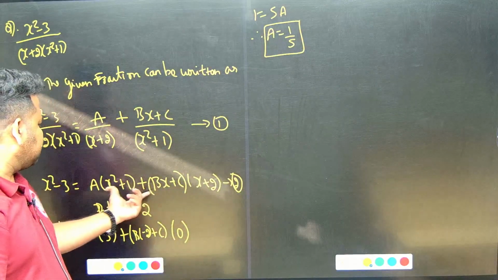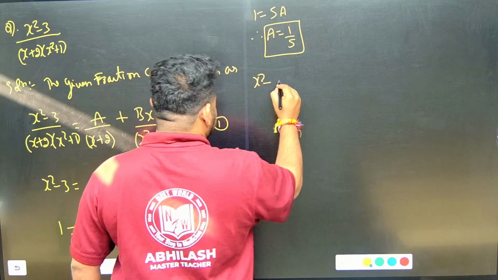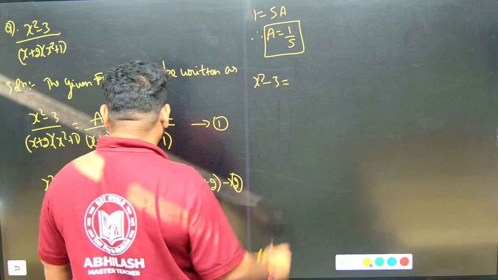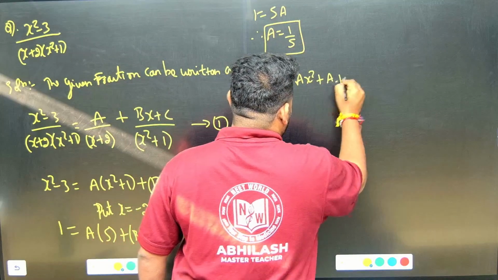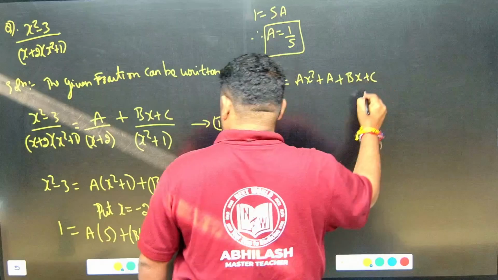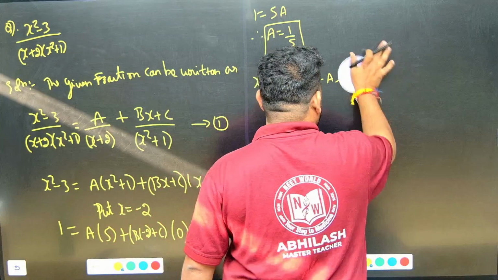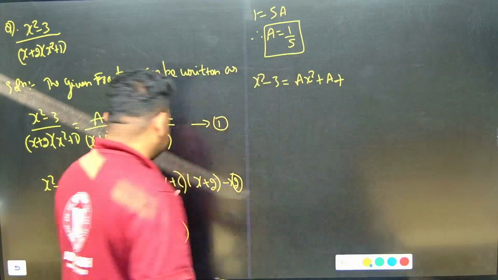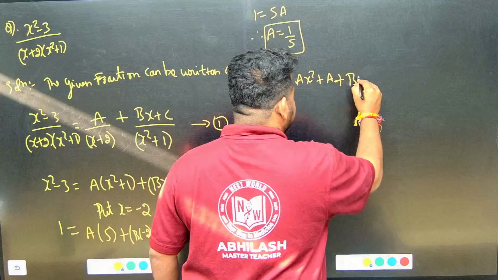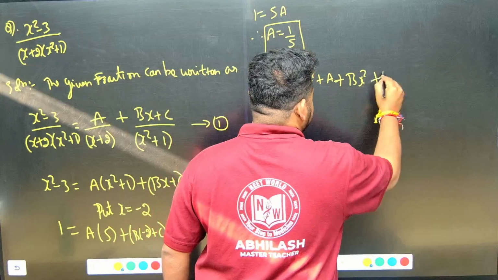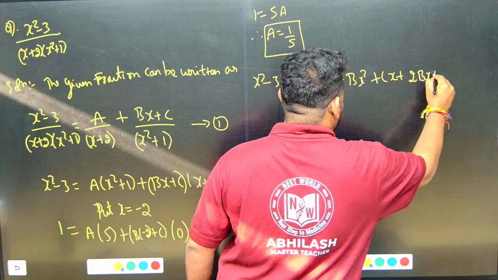Now let us multiply this out, as I want the values of B and C. x² − 3 equals Ax² + A plus (Bx + C) multiplied into (x + 2). x into Bx is Bx², then Cx plus 2Bx plus 2C.